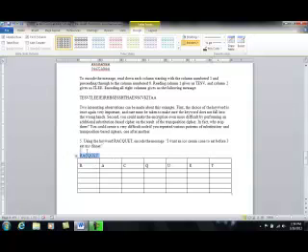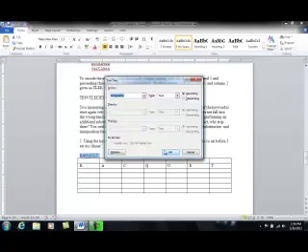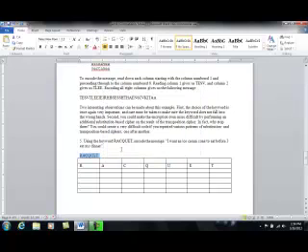And I want to sort this. See if it'll let me sort it. Won't let me do it.